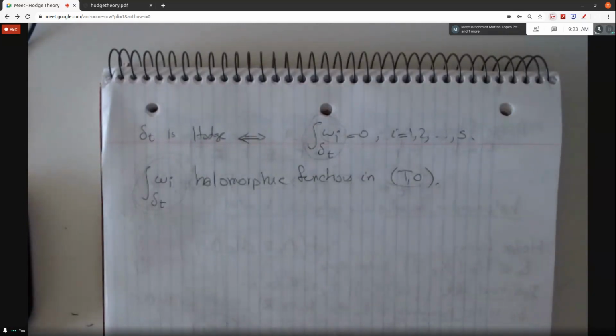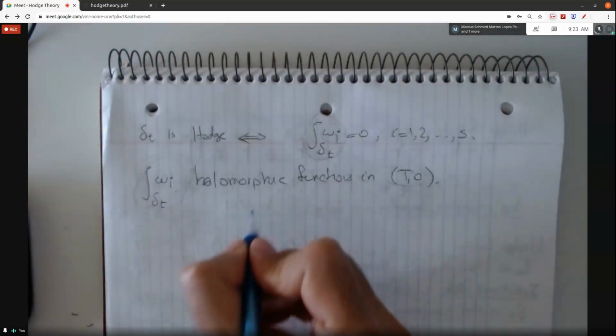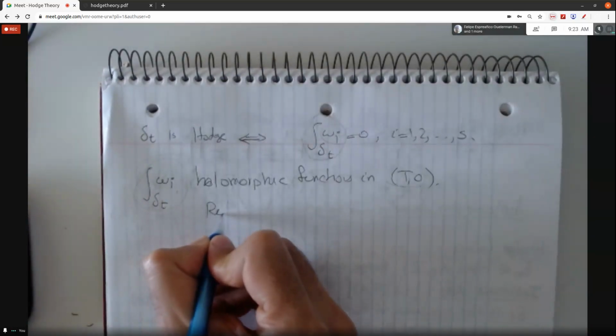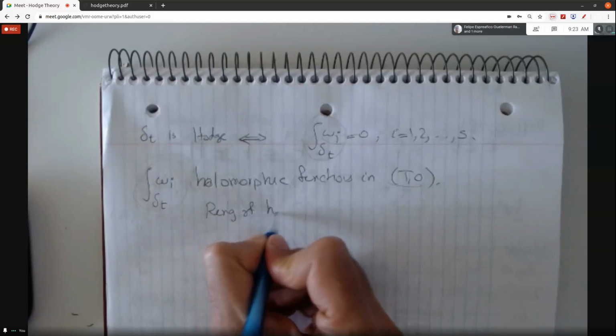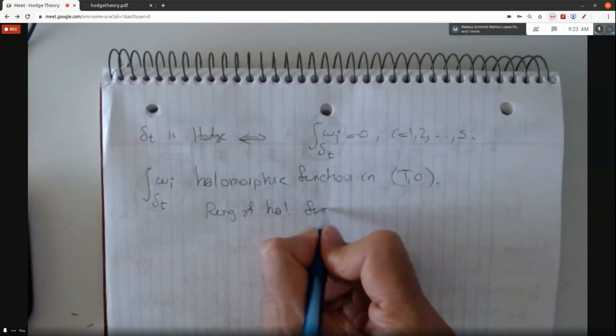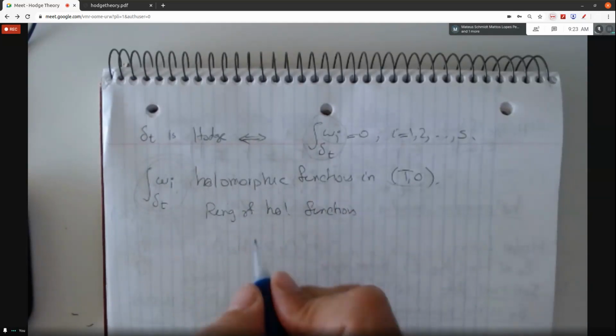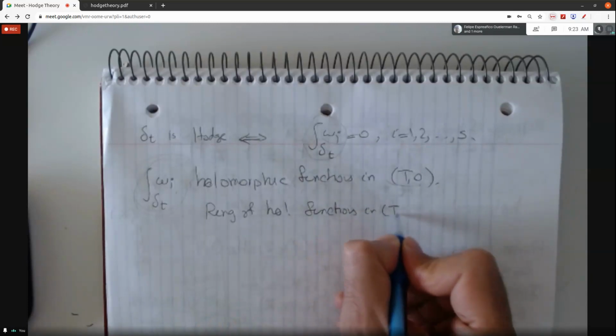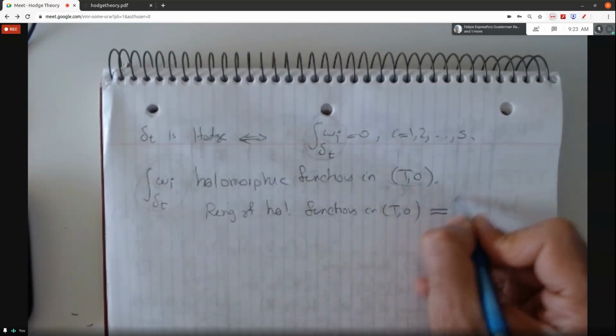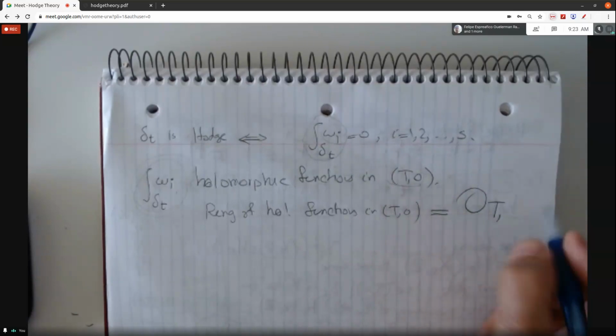And so let's say the ring of holomorphic functions in T0, denoted by O_T0.